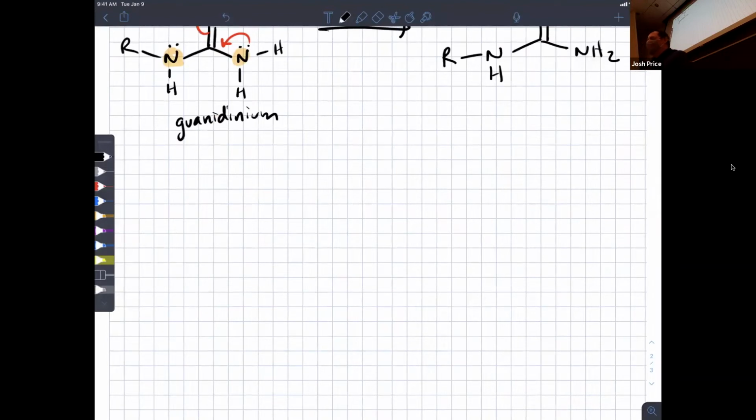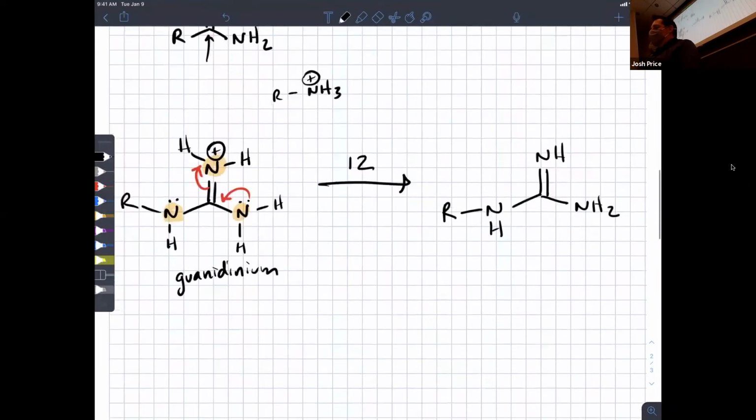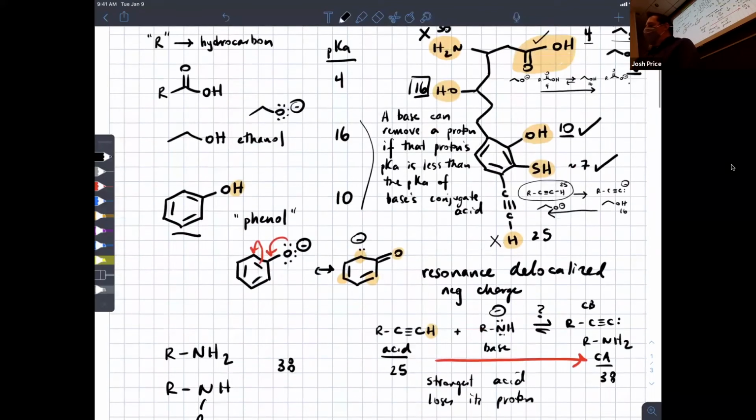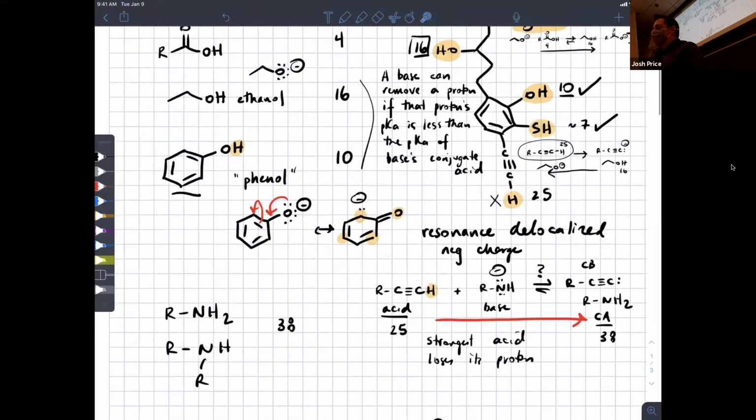One other kind of question I can ask, and someone asked, I think last time, how would you know or expect that the pKa of phenol would be less than the pKa of ethanol? You might not know the number, but if you focus on resonance delocalization, you'd be able to predict that the pKa of phenol should be lower and that phenol should be more acidic.